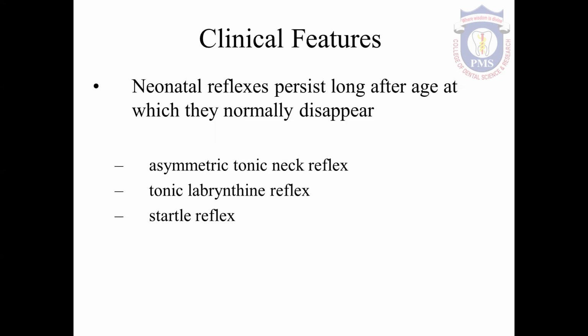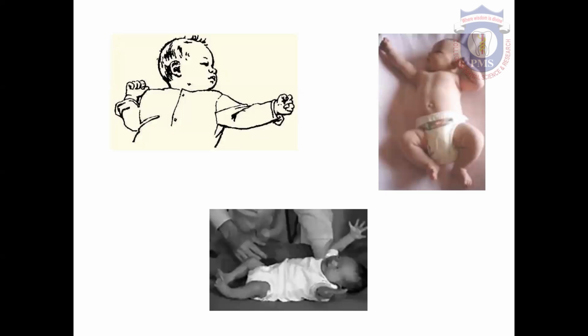Commonly, what you can see is the asymmetric tonic neck reflex, tonic labyrinthine reflex, and startle reflex. So what is the asymmetric tonic neck reflex? When you see a newborn baby, normally they sleep in this particular position. That is, the head will be turned to one side and the arm of that side will be extended, and on the opposite side, it will be flexed.